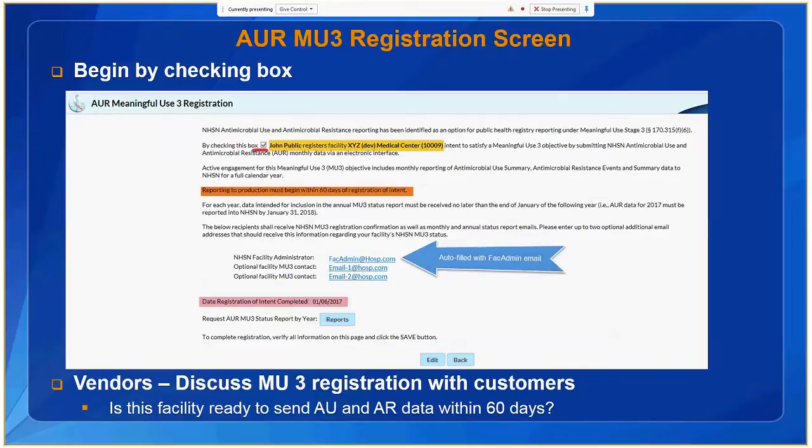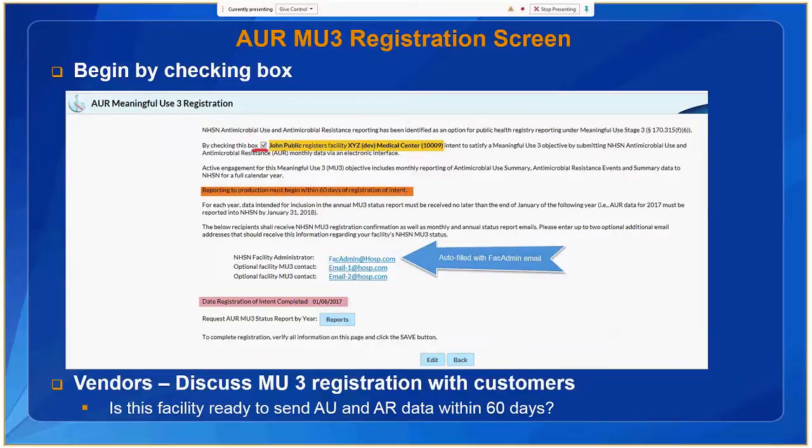This is a view of the registration page, and we're going to quickly walk through it. Basically, it says AU and AR has been identified as an option for public health registry reporting under Meaningful Use Stage 3, by checking this box, and you'll see the underline. Once the facility administrator clicks that box, it will auto-fill their name and the facility information.